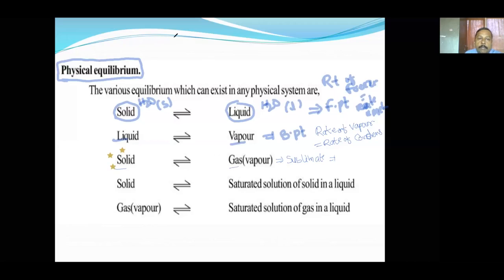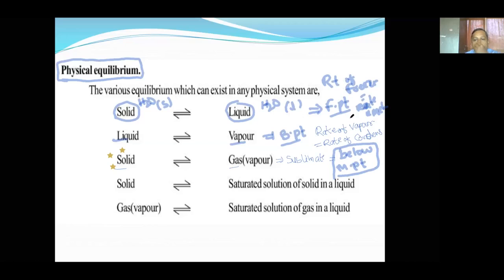What is the important point here? This will take place below melting point. Where will this take place? Below melting point. So this will take place at freezing point, this will take place at boiling point, and this will take place below melting point. Here rate of freezing is equal to rate of melting.